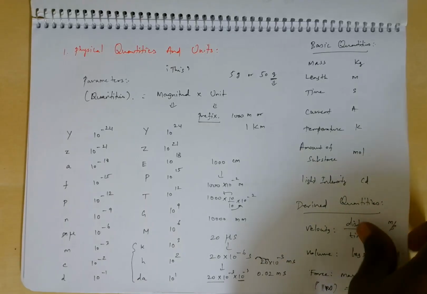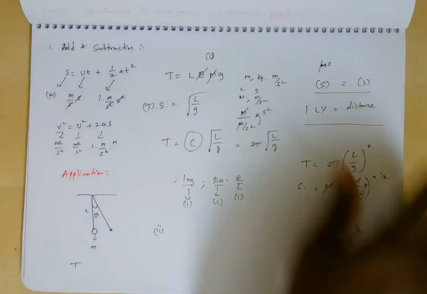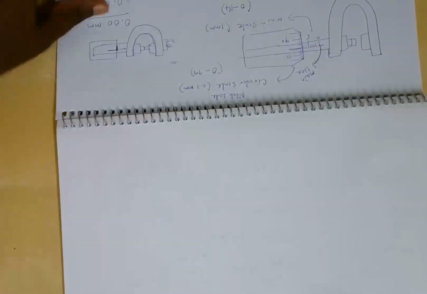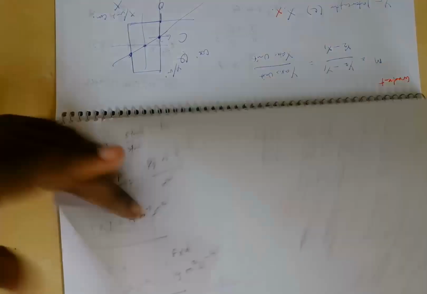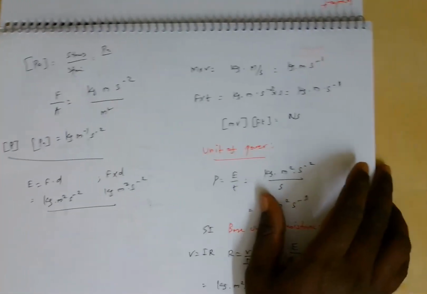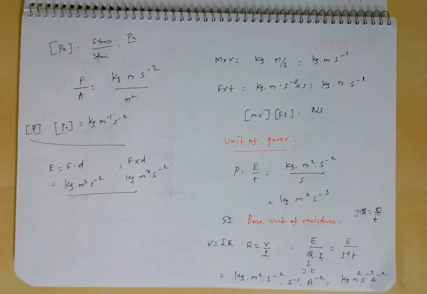So anything else is not a base unit. Okay. I'll see if there is any very good question that we can struggle with, or we can move on from this topic.